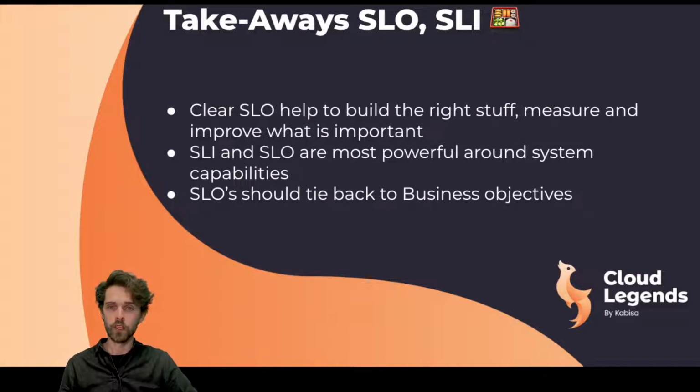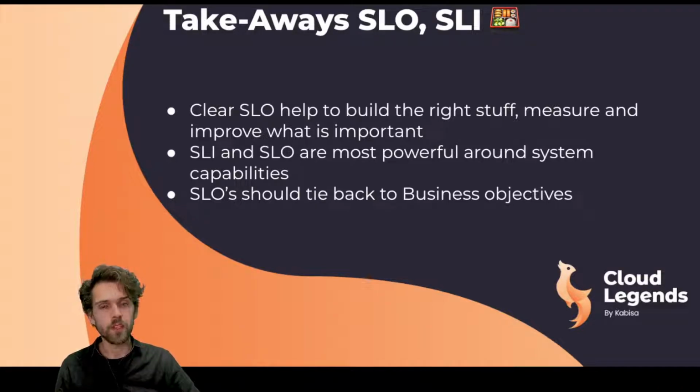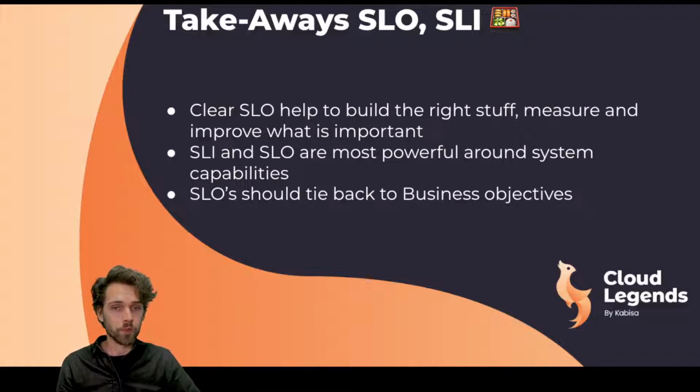Okay, so to give you a short example of this, imagine it's your business objective to get new users on your platform. A valid SLI and SLO for that would be to look if the registration process is able to continue without faults and responds within certain amounts of time that you state.